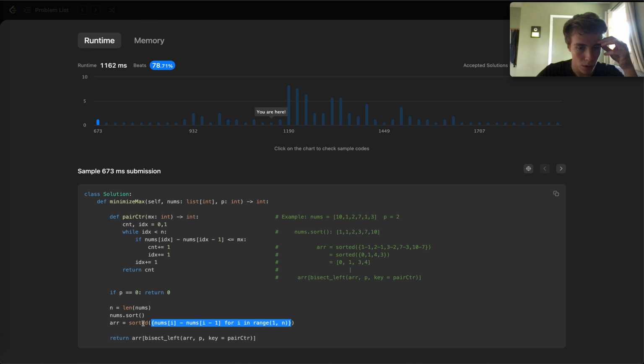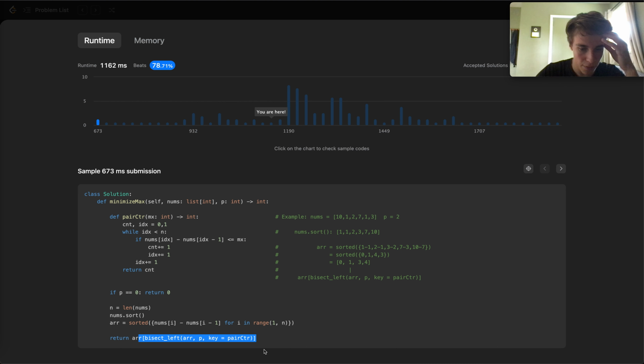So this would be, okay, well, let's look at the explanation. In this case, it would be 0, 1, 3, 4. I can now do bisect left.